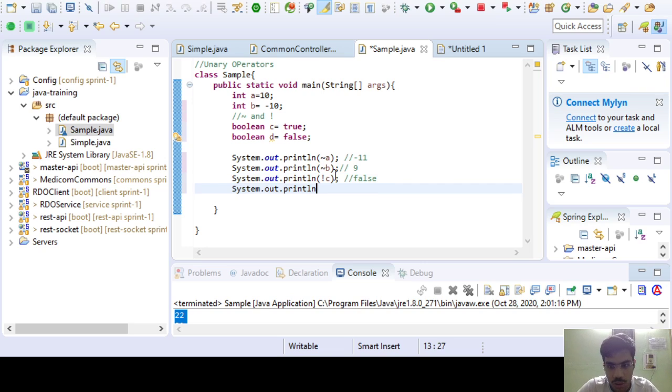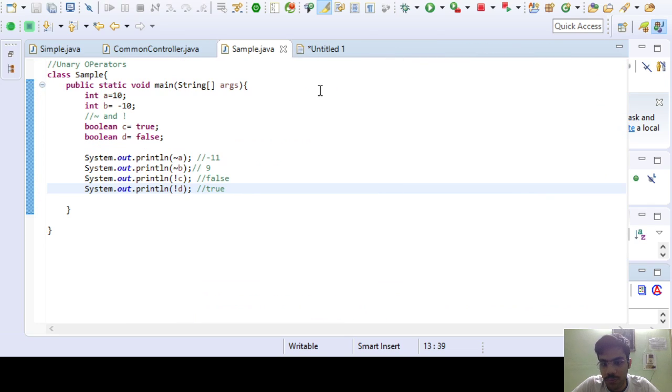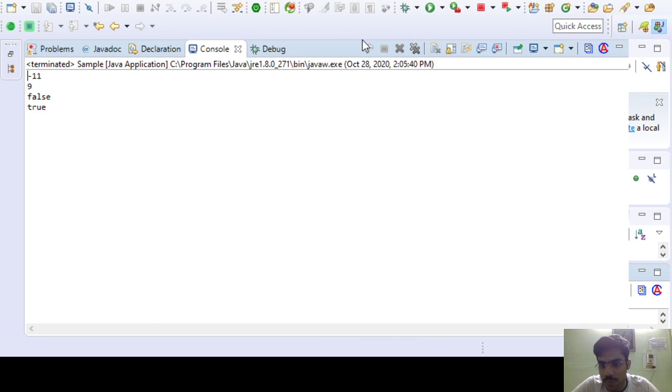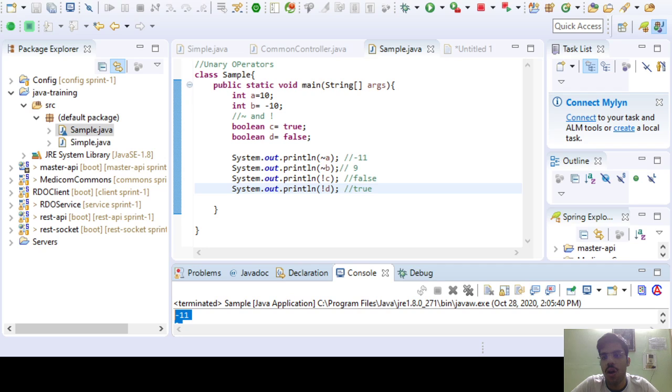Then again we copy the same example and see it will be true. Then save that program and run it. What do we get as the output? We get minus 11, 9, false, true, as expected.